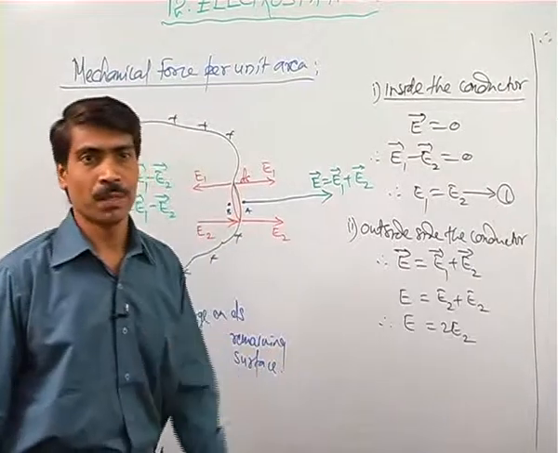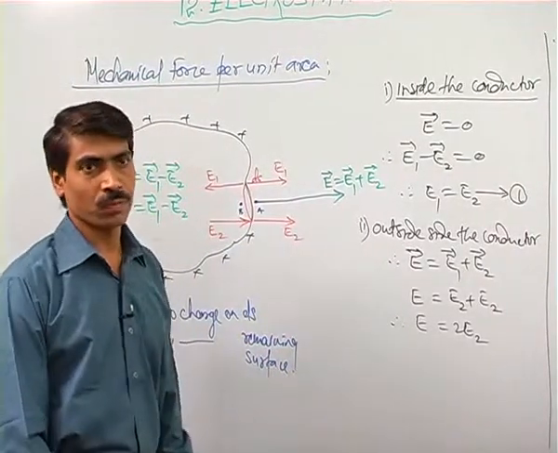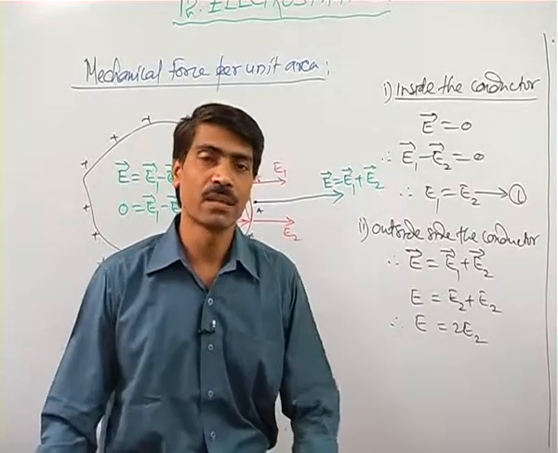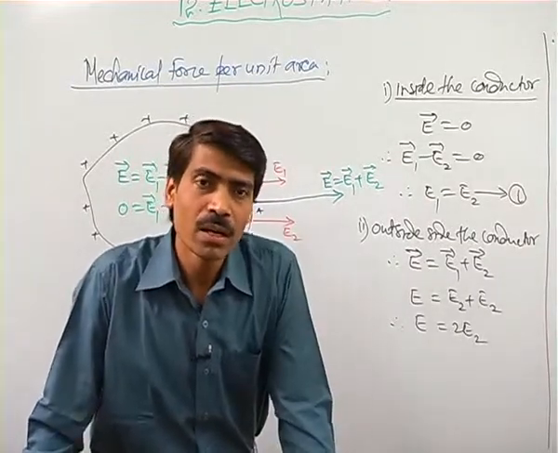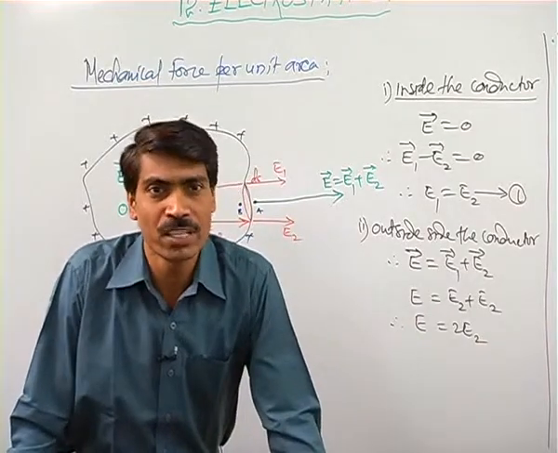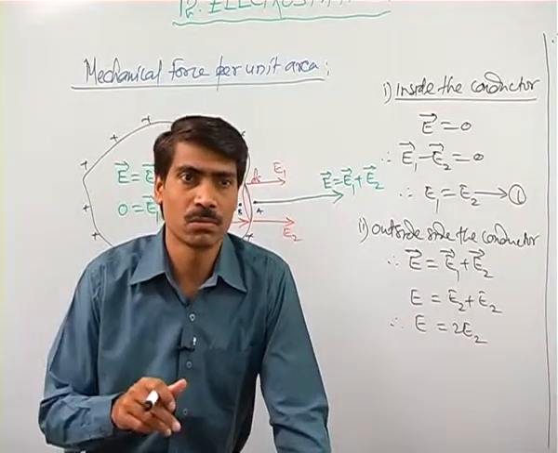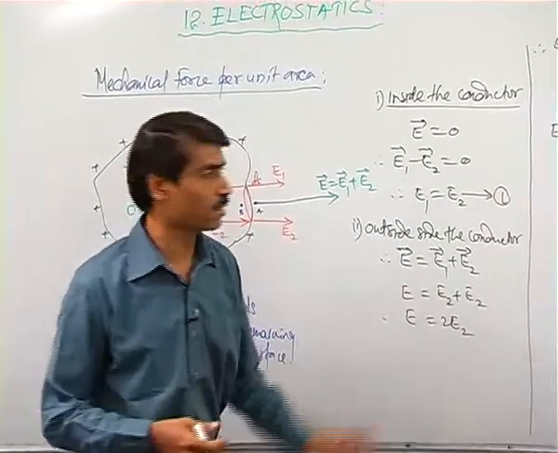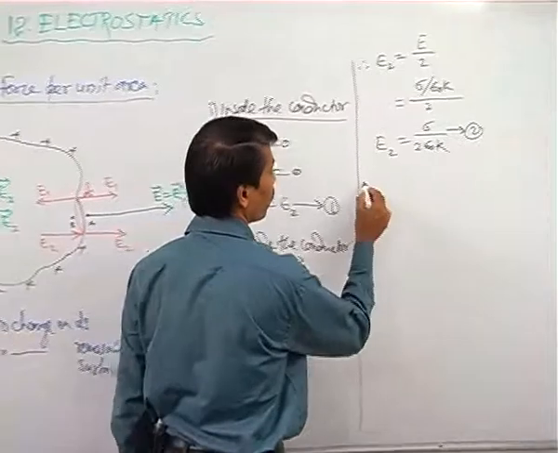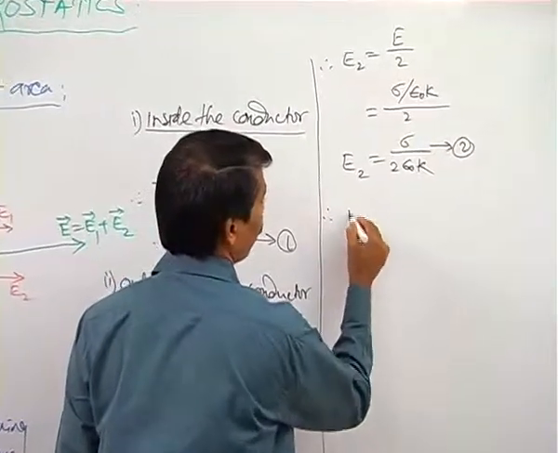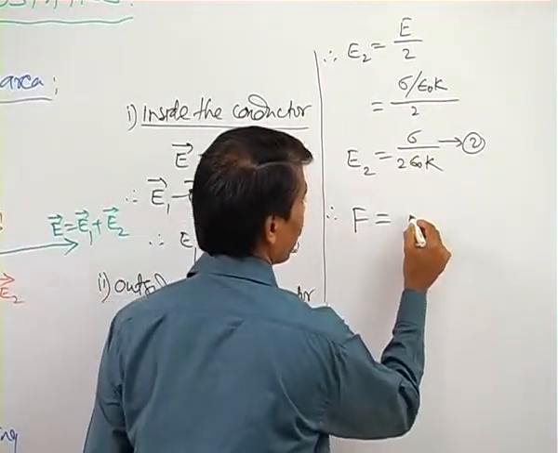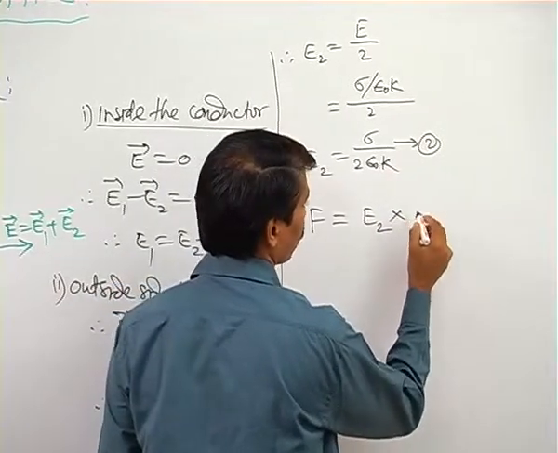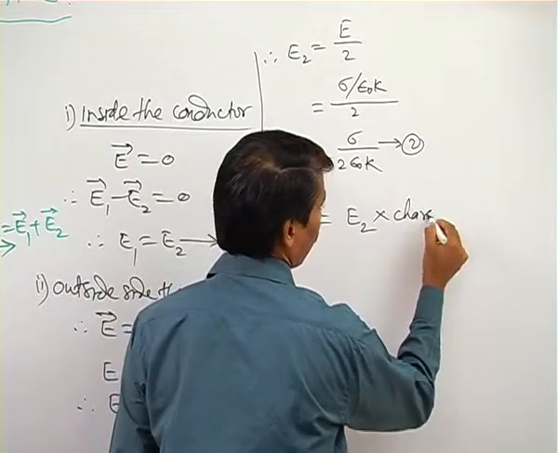We know that electric intensity, which you studied in 11th standard, is defined as force per unit charge, F upon Q equals E. Therefore F is equal to intensity into charge, and the same expression we are going to use here. Therefore mechanical force F is equal to intensity into charge. So intensity is E2 into the charge on ds.